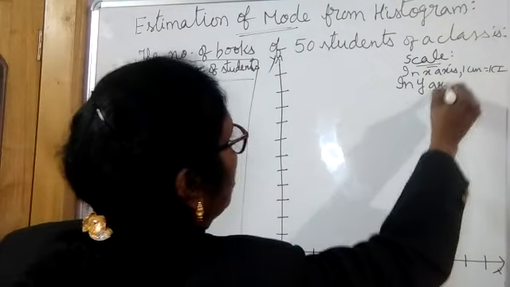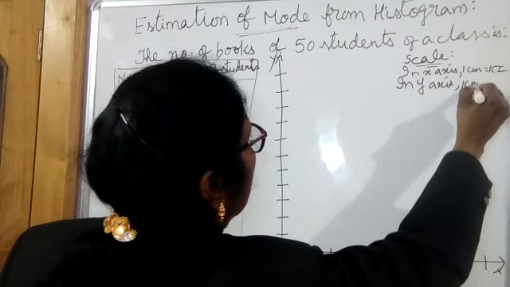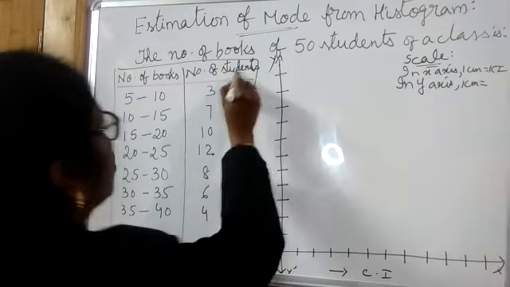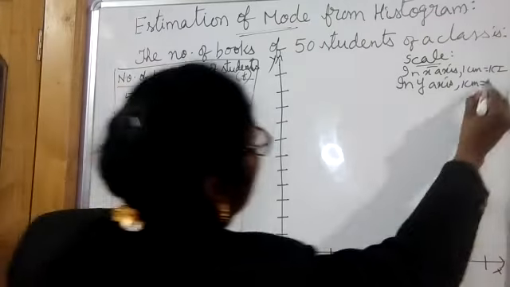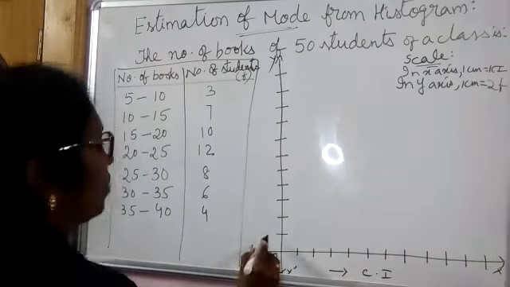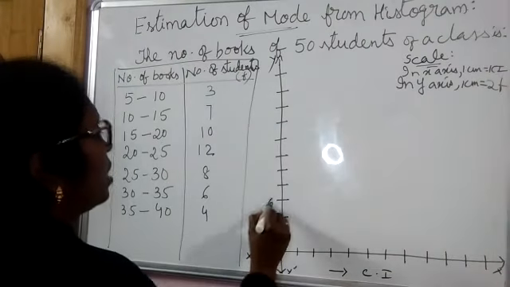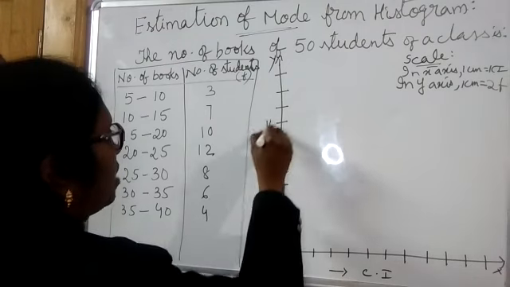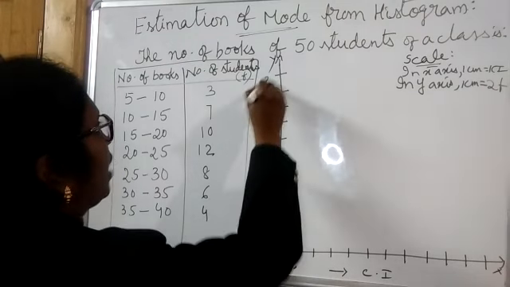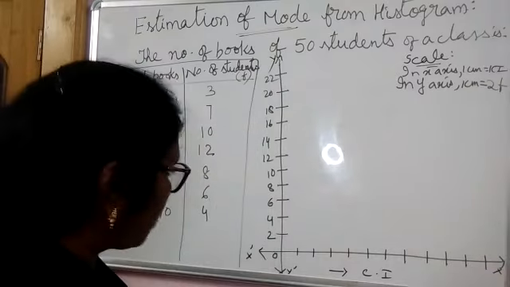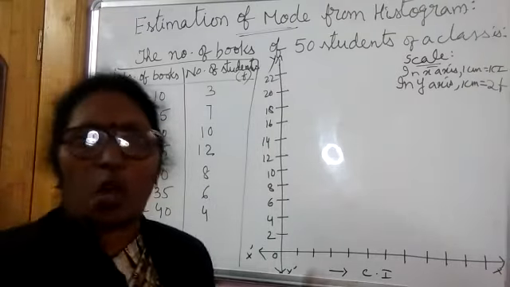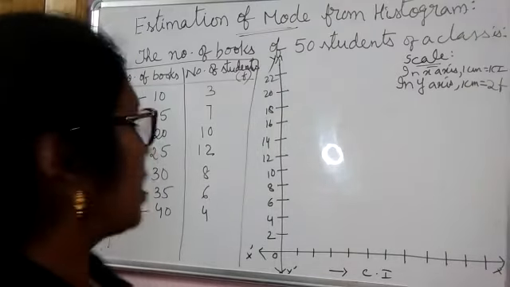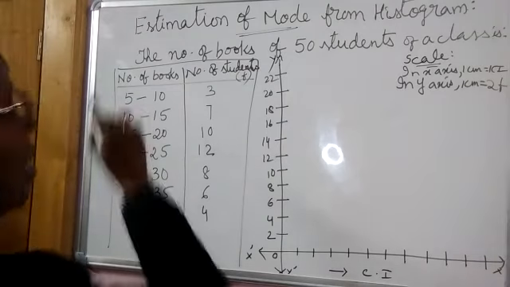In the y-axis, we can take 1 cm equal to 2 frequency. Number of students is the frequency. Then 2, 4, 6, 8, 10, 12, 14, 16, 18, 20, 22. We need only up to 12.